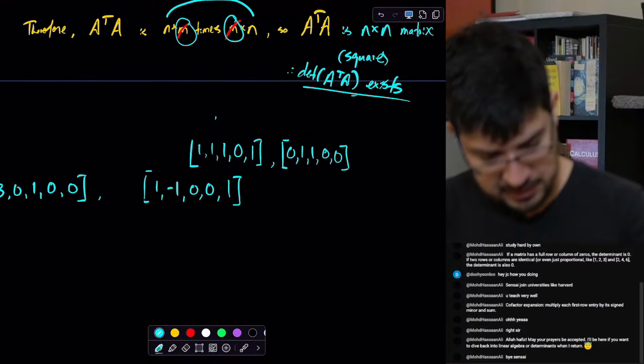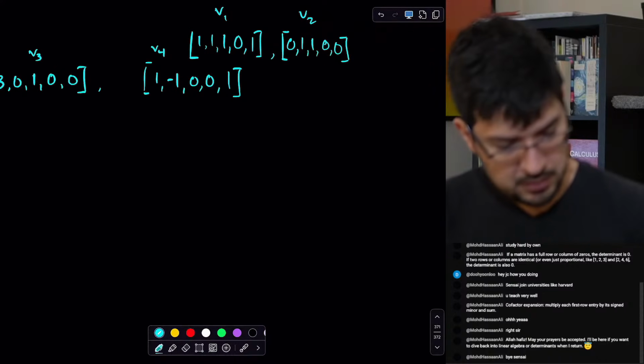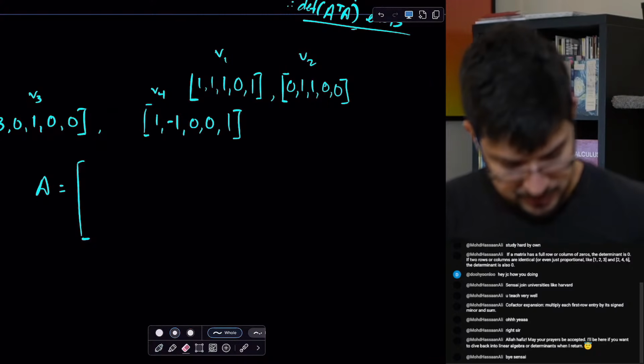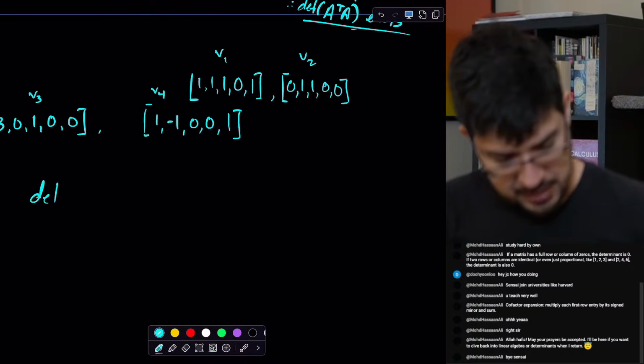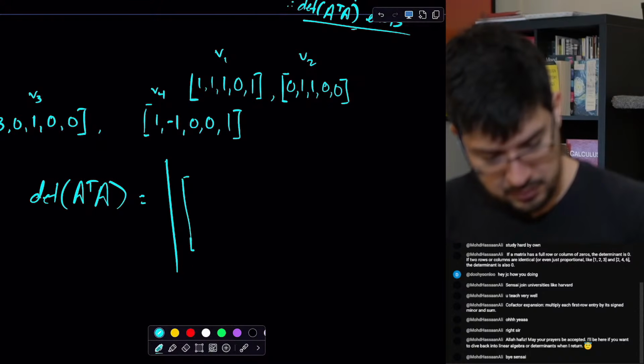So, we'll name these V1, V2, V3, and V4. So our matrix A is, here, I'll go ahead and write both of them. And let's just go ahead and say determinant of A transpose A is the determinant of, what is A transpose?